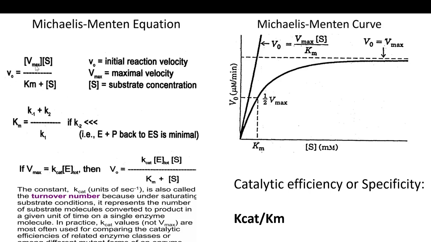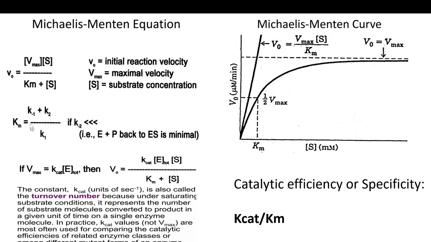So what is Km? Km can be defined as the substrate concentration at which the velocity is half of the maximum velocity, Vmax divided by 2.